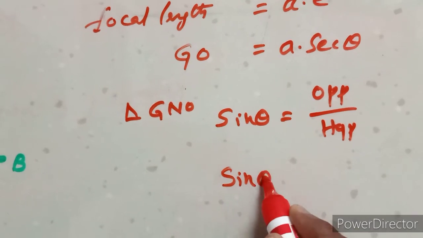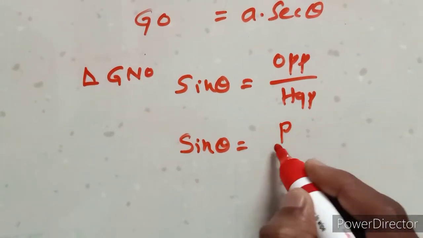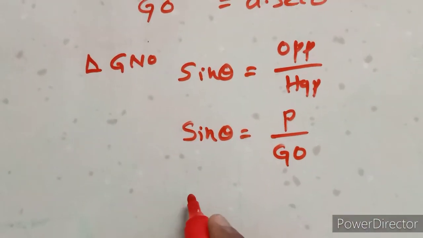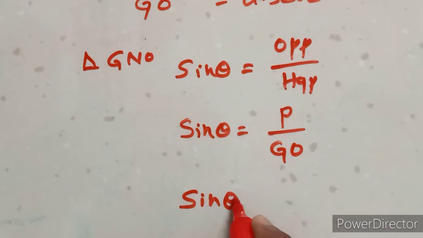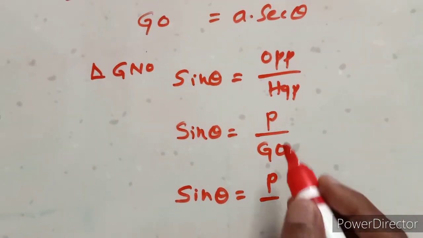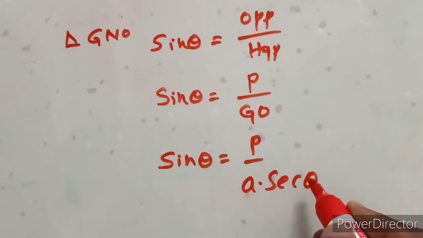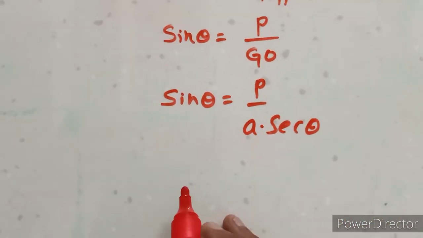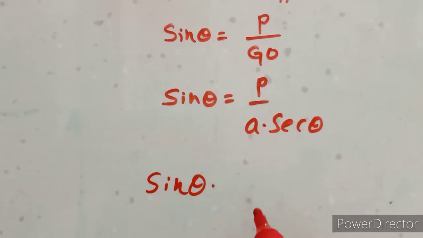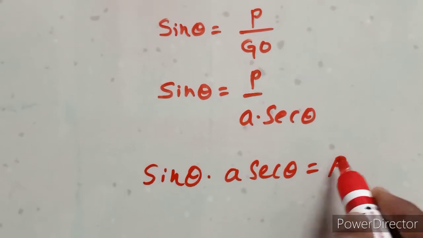The opposite side of theta is p, the hypotenuse is GO. Then sin theta equals p upon GO, which is a secant theta. Then cross multiplication: sin theta into a secant theta equals p.